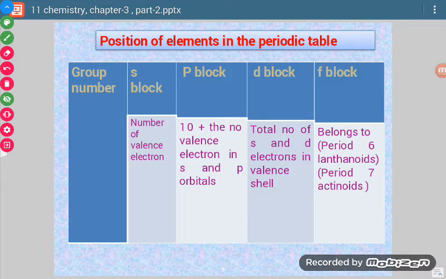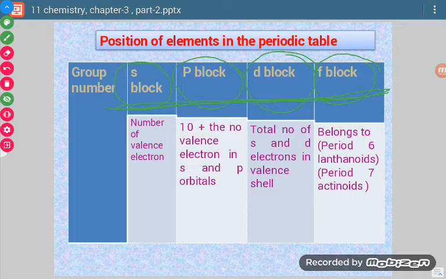Once we write it, we see to which particular orbital the last electron enters. If it enters the s orbital, then the element belongs to the s block. If it enters the p orbital, it belongs to the p block. If it enters d, then it is a d block element, and if it enters f, then it is an f block element. Once we know this, then separately we have to remember how to find the period.